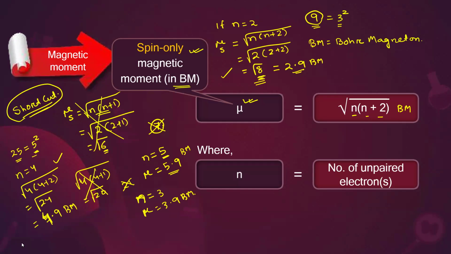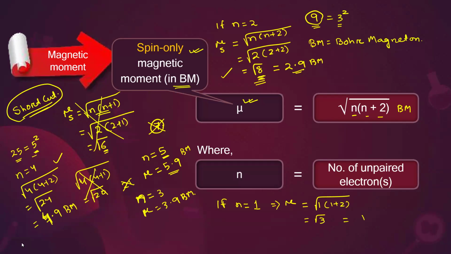Okay, clear? Remember one thing. If n is equal to 1, then mu will be root over 1 into 1 plus 2, that is coming as root 3.